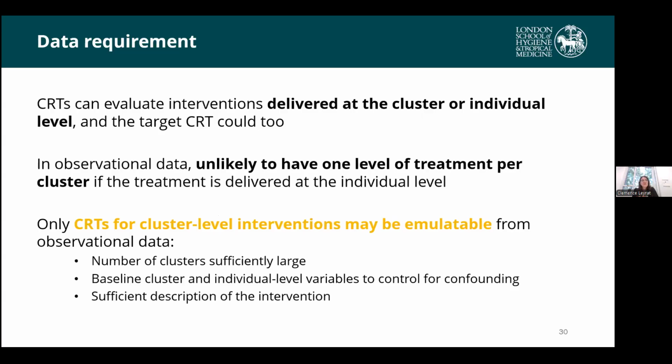And we also need to have in the data a sufficient description of the intervention, because, as I said, the interventions we evaluate with cluster trials are quite complex and multi-component, and often just a variable that says yes or no won't be sufficient to understand what we are doing. So we need more qualitative information about this intervention to help with interpretation.